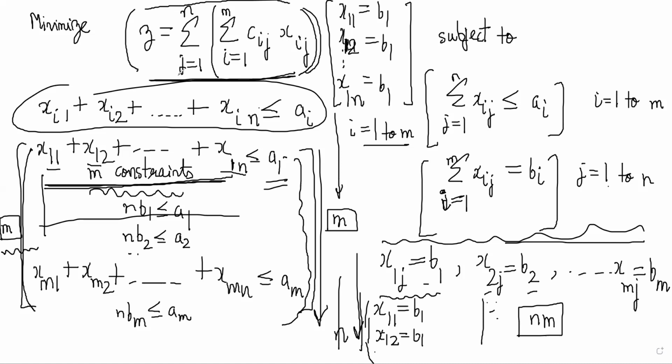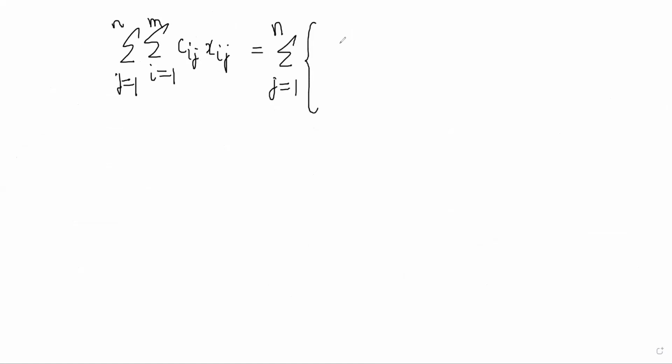And then you have to substitute the j's. j goes from 1 to n. There might be many equations here, like j goes from 1 to n and i goes from 1 to m. Cij xij is basically summation j goes from 1 to n of c1j x1j plus c2j x2j and cmj xmj.